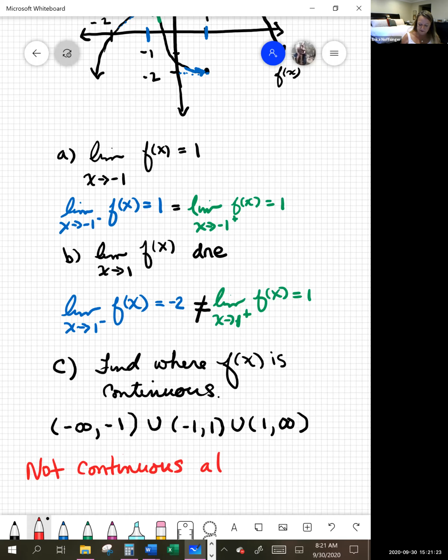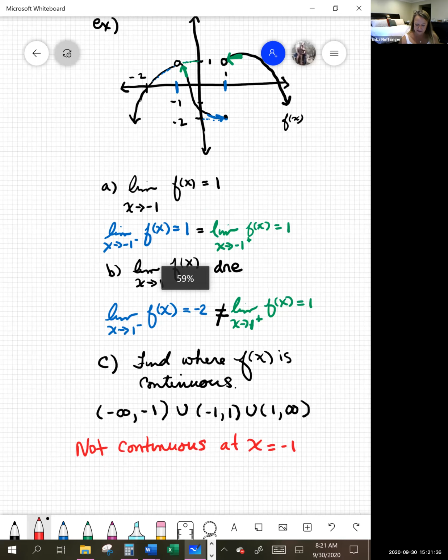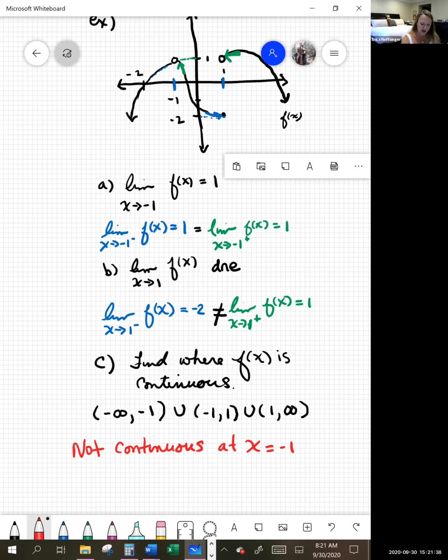So you should be able to show why something is not continuous at a particular value. We can show that it's not continuous at x equals -1. Well, in this case, it's because it's not defined. This is an open circle, and there's no point above or below it.